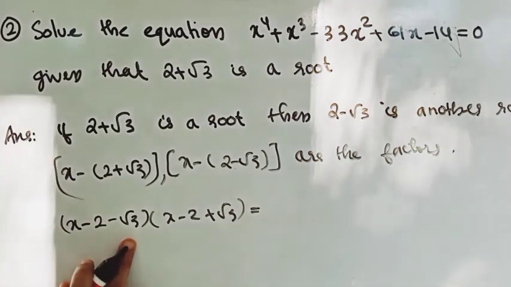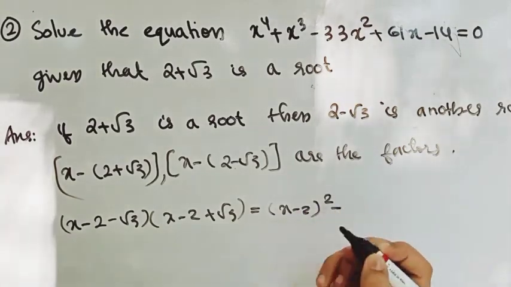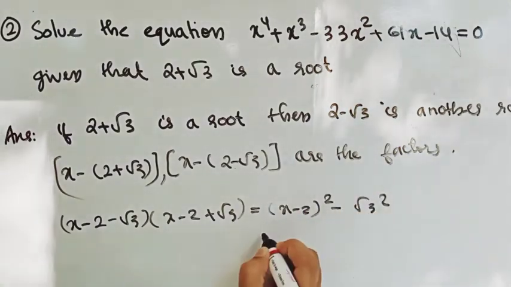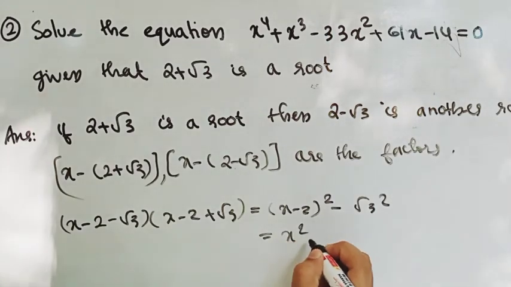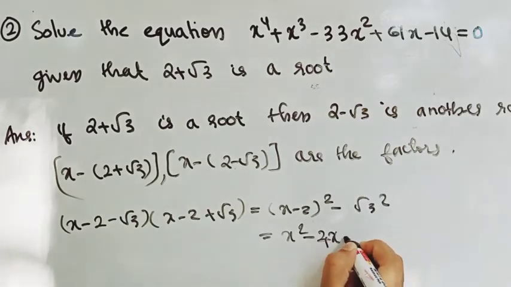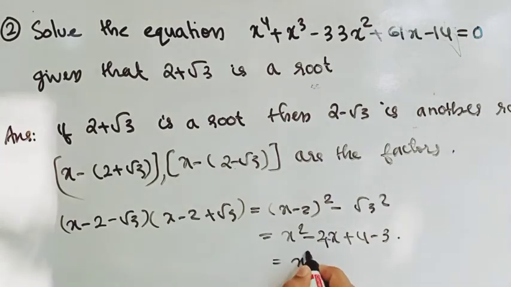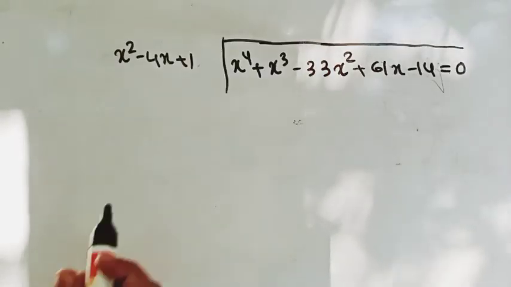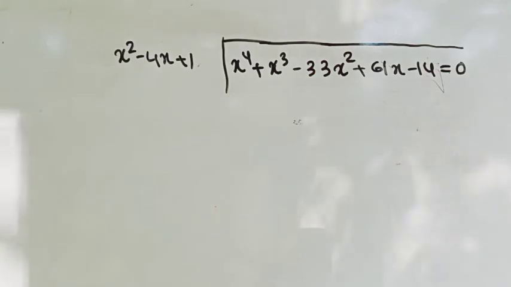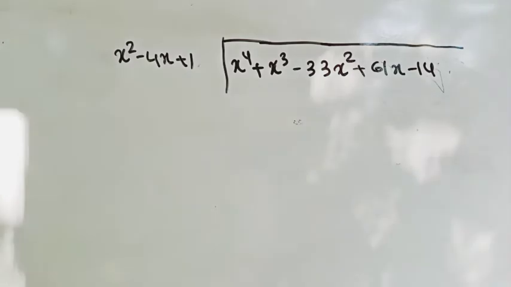Their product is x minus 2 whole square minus root 3 square, which is x square minus 4x plus 4 minus 3, that is x square minus 4x plus 1. Okay, now divide x raised to 4 plus x cube minus 33x square plus 61x minus 14 by x square minus 4x plus 1.